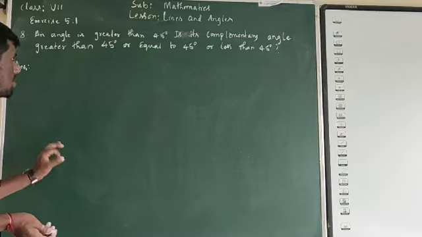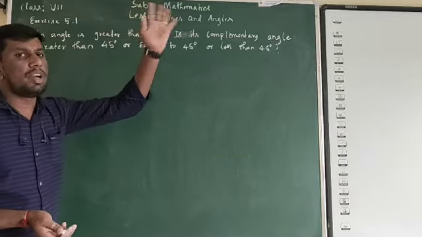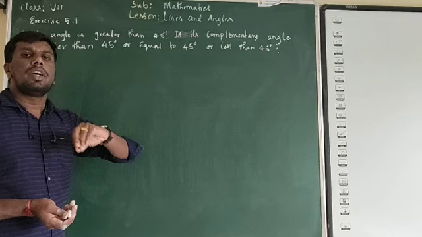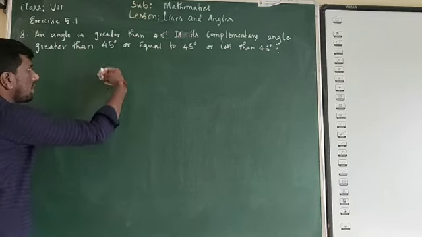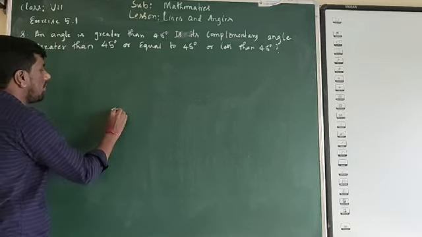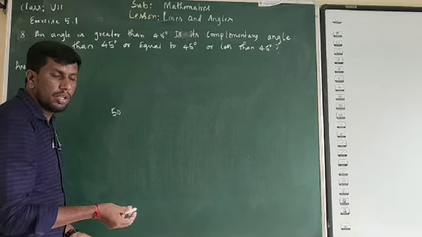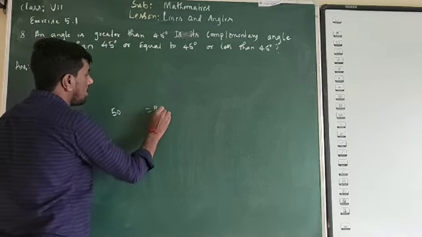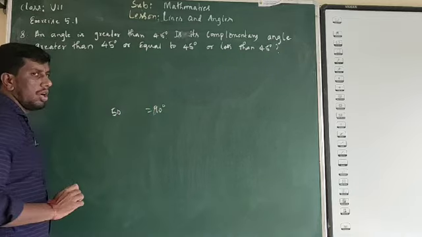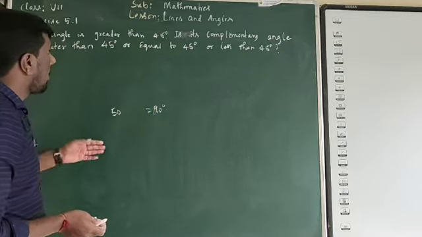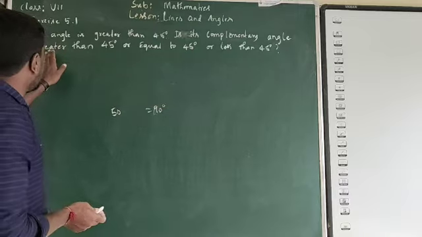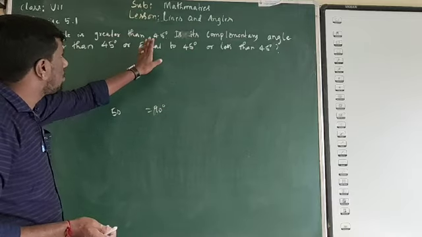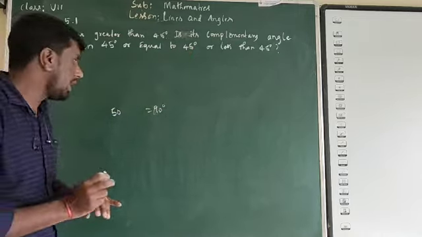Now the question is, one angle is greater than 45 degree. Say, suppose greater than 45 degrees, I'll take it as 50 degree. 50 degree is greater than 45 degree, right? So the sum is 90 degree, because they are complementary angles. Is its complement angle greater than 45 degree, or equal to 45 degree, or less than 45 degree?